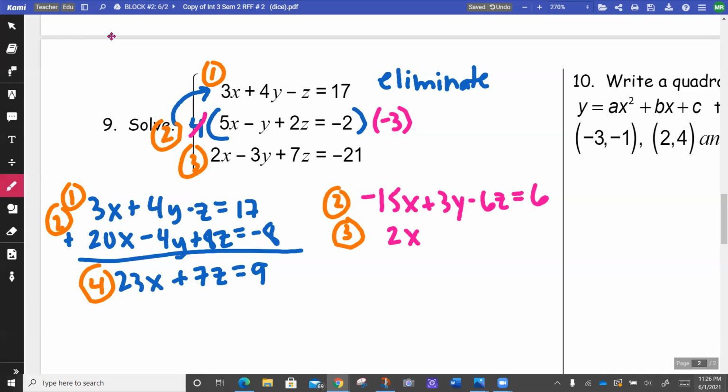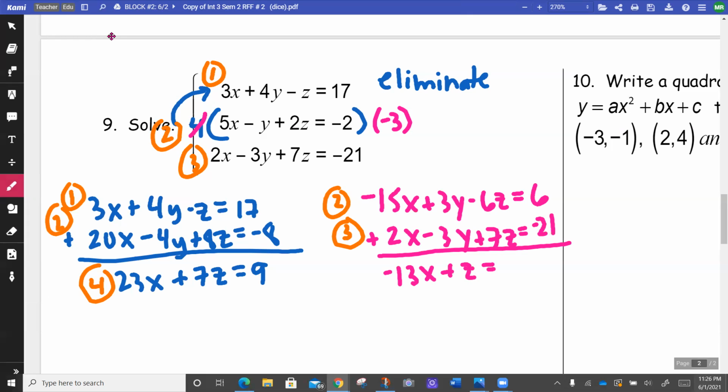My second equation, 2x minus 3y plus 7z equals negative 21. I add them together. I get a negative 13x. My y's cancel out. Plus z is equal to a negative 15. So that is going to be equation 5.